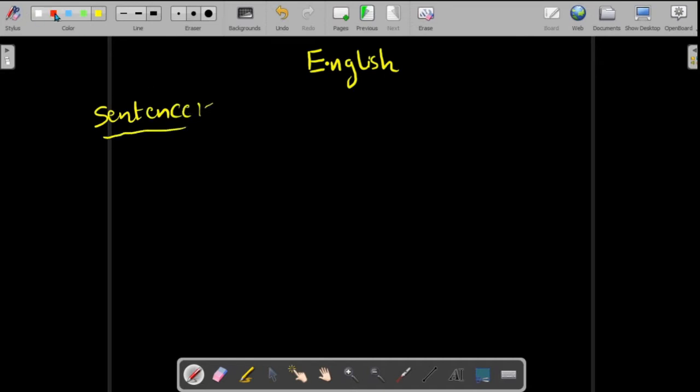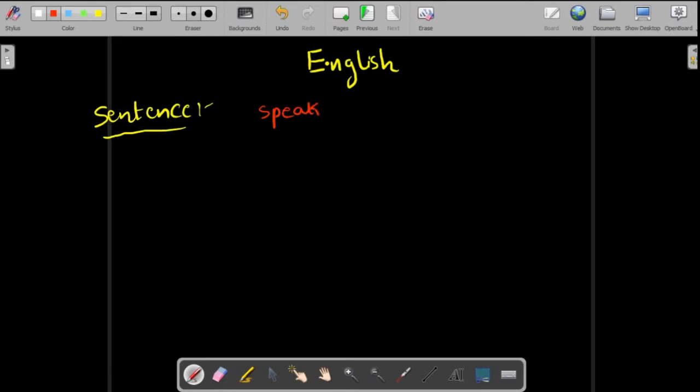What is meant by a sentence? When we speak or write, we use words. We generally use these words in groups and express a complete thought.